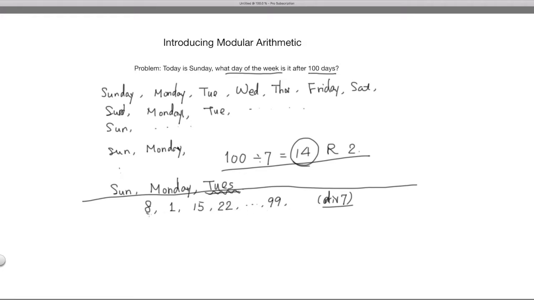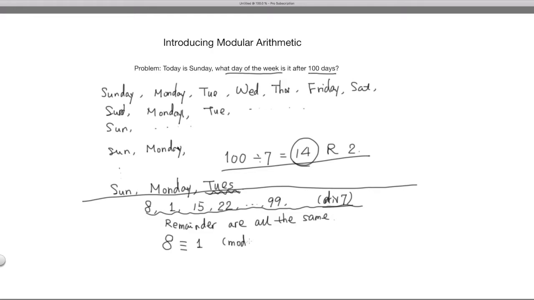So we want to use a notation to represent that kind of equivalence, where remainders are all the same. And we're going to write 8 equals 1. Kind of equals.